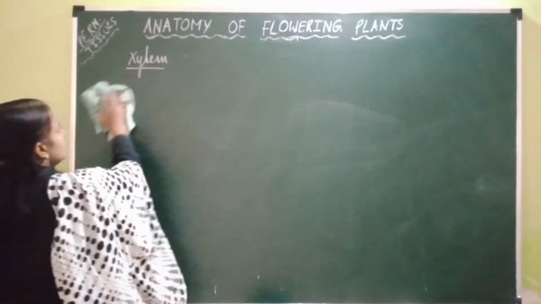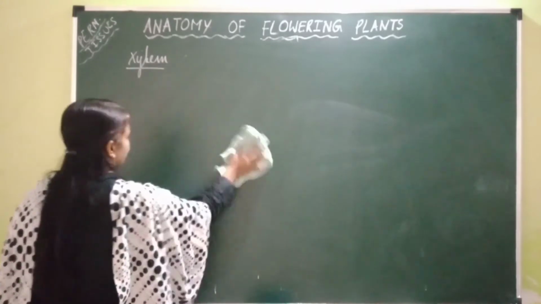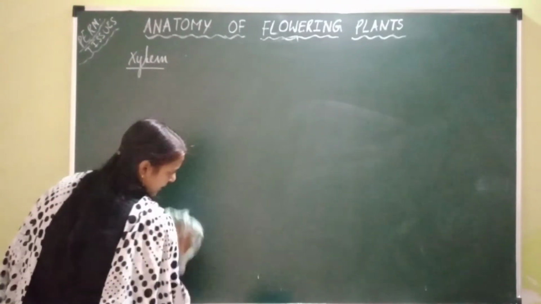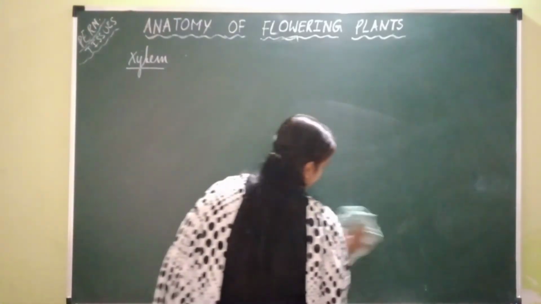Xylem tracheids are single celled elongated cells with tapering ends.